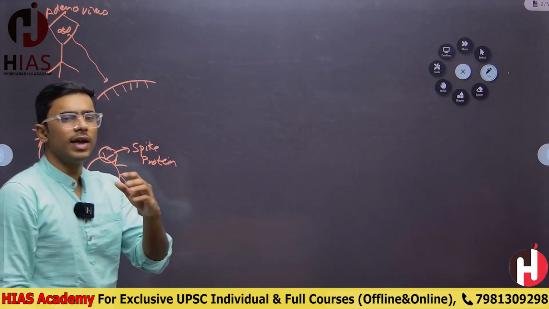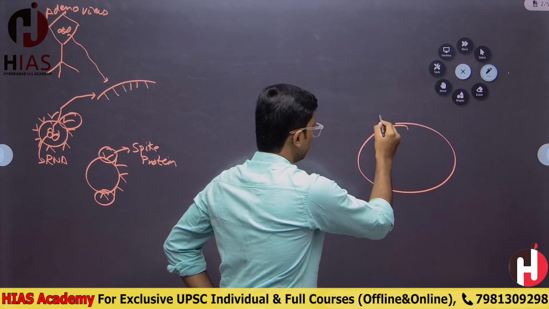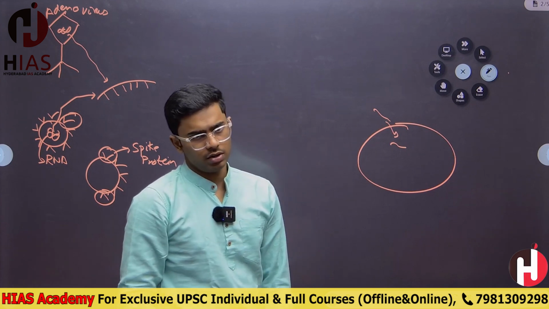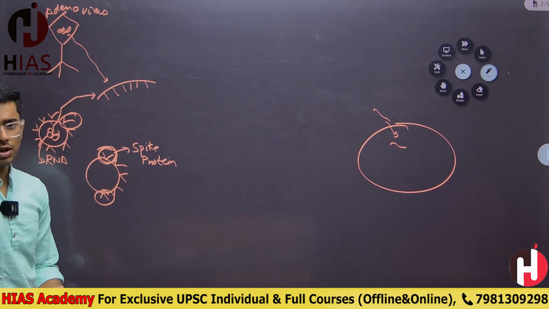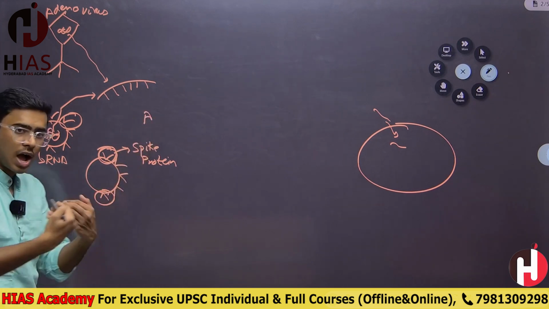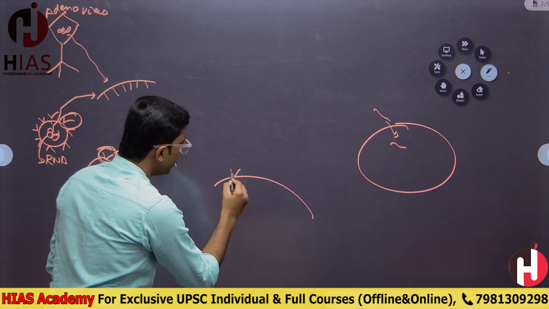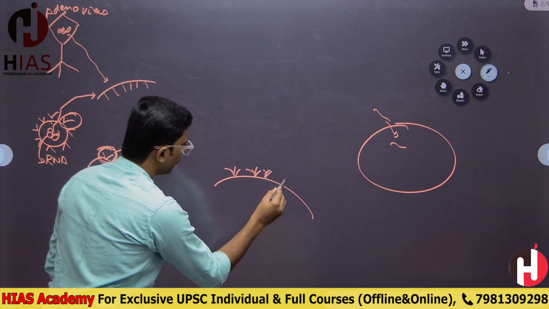Now, how do these viruses work? In general, if a virus enters any body cell, how does coronavirus enter? It enters using the spike protein. On our cells, every cell has some proteins on its surface.